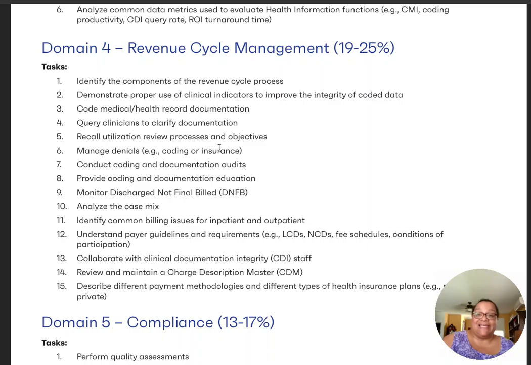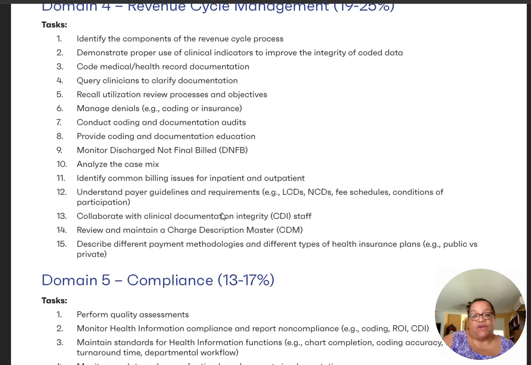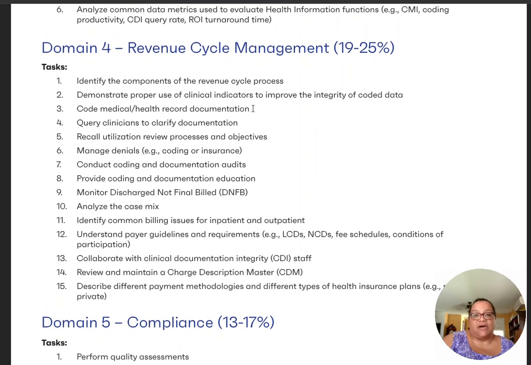The other domain that has a large amount of potential questions is domain 4. And domain 4 is on revenue cycle management. Within domain 4, it talks about revenue cycle, but it also is focused on actual application of codes, such as the information and the experiences that you learned in HIT 202, 203, 210.